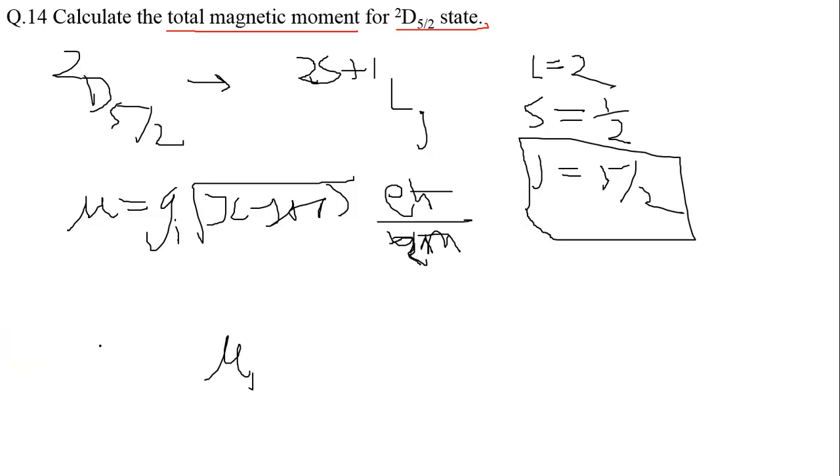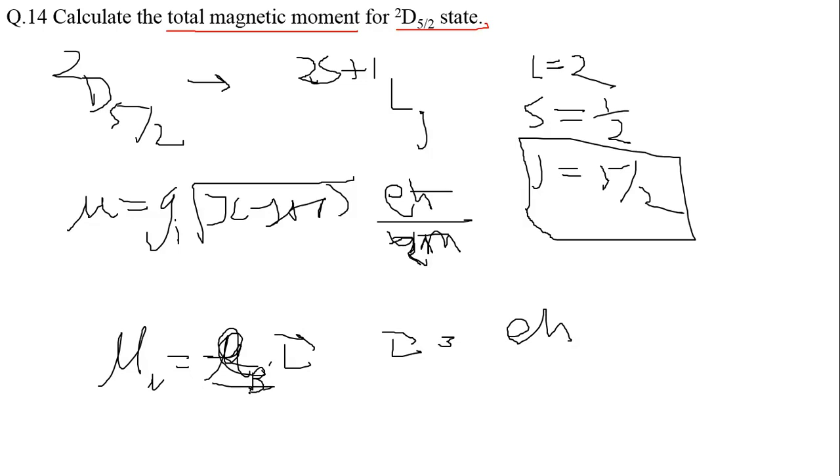When you calculated the orbital angular magnetic moment, then mu_L was something like mu_B into the L vector, and in place of the L vector we write ħ, so it is e by 2m.